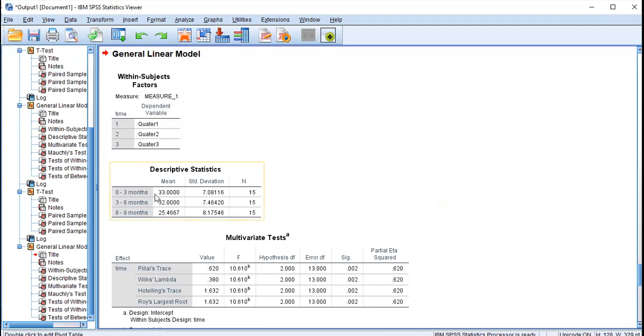And then we have got the mean. If you look at the truancy level, the mean was 33 initially for the first 3 months, the next 3 months 32, and it has lowered quite a lot to 25 in the third quarter. And then the standard deviation is actually increasing. It was 7.08, becoming a bit higher, 7.46, and lastly it is 7.817.